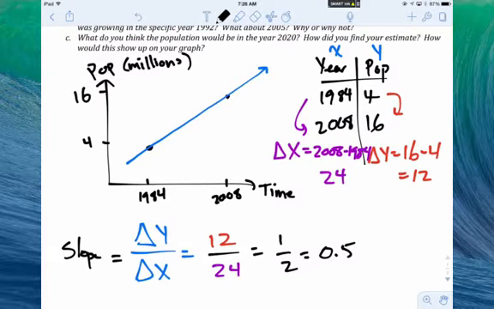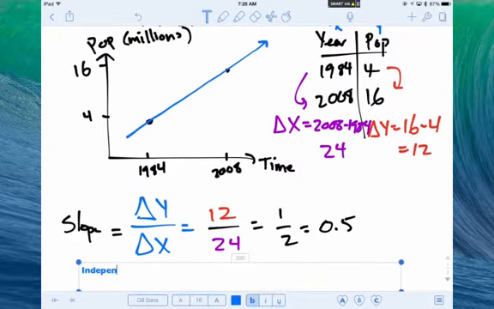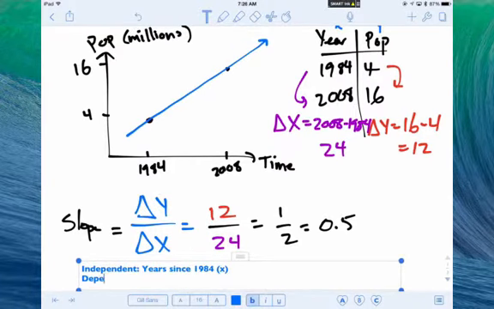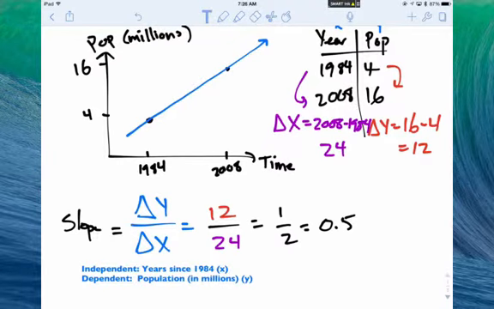So for instance, if we defined our independent variable to be the years since 1984, let's call it X, and our dependent variable to be the population of this city in millions, and unoriginally let's call that Y, then I think we can create an equation, not so bad.